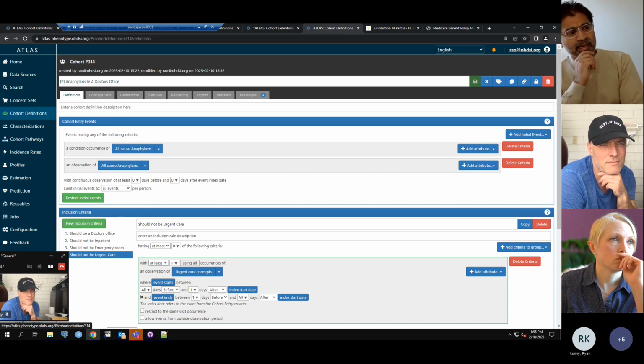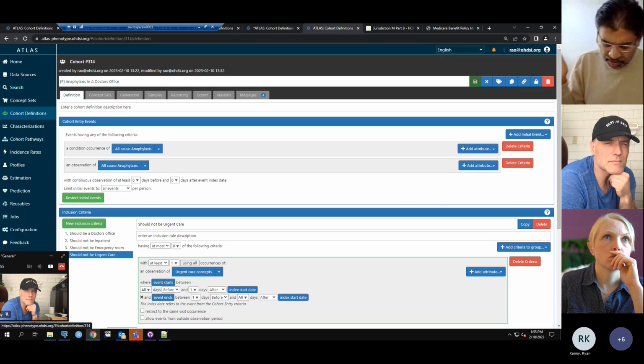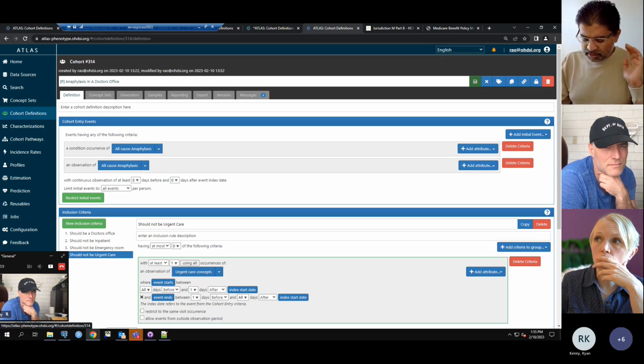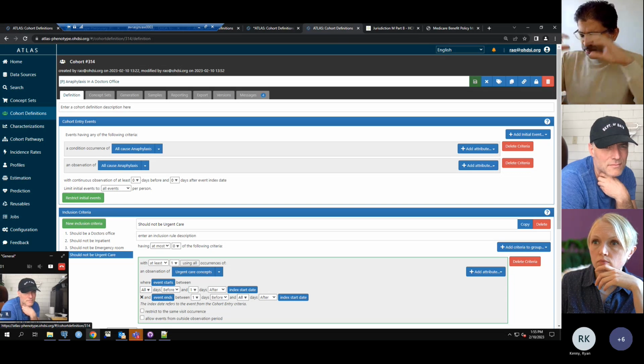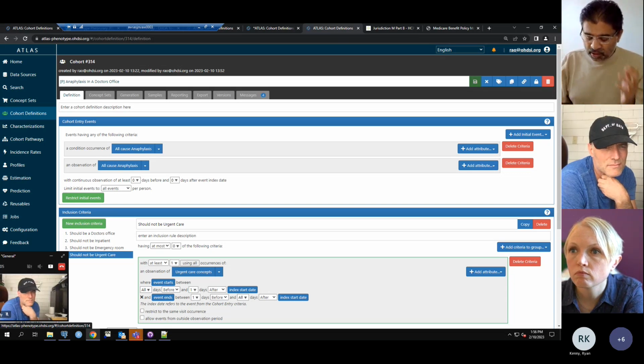The next step, if we see that the numbers from the execution of this core definition are in line with what we would expect in terms of the proportion of persons in the total anaphylaxis, the number of persons in the main cohort versus the number of persons in this new cohort.